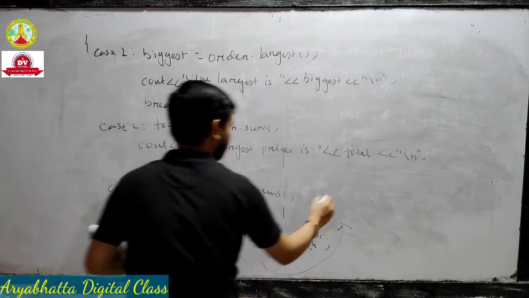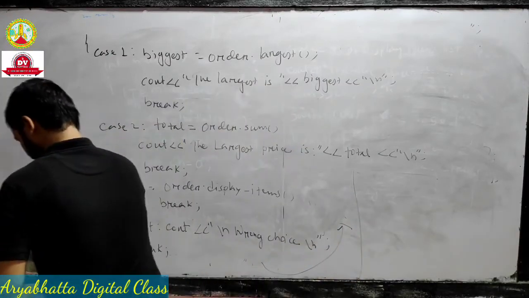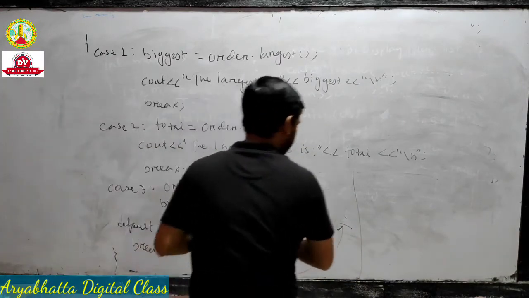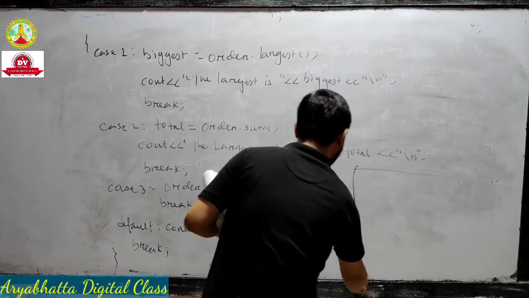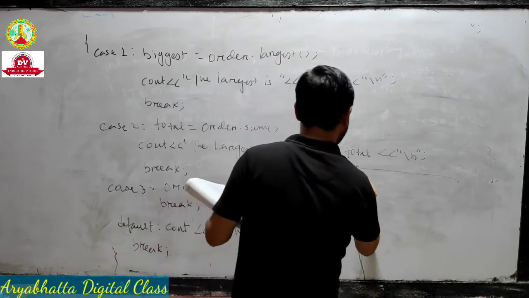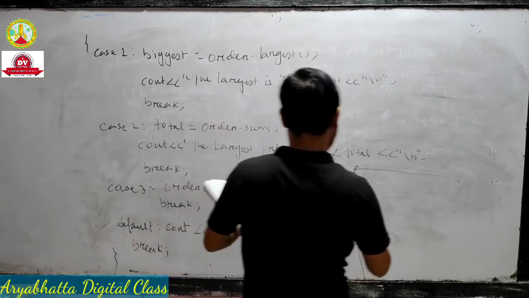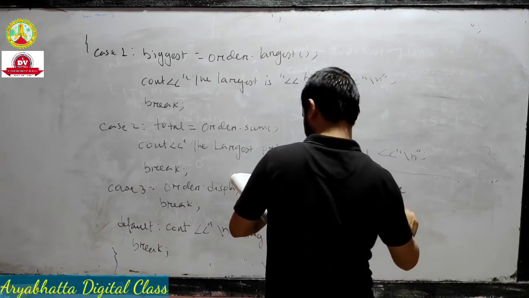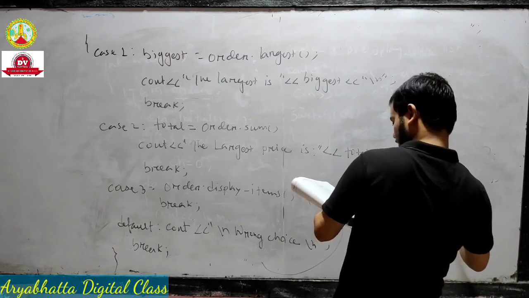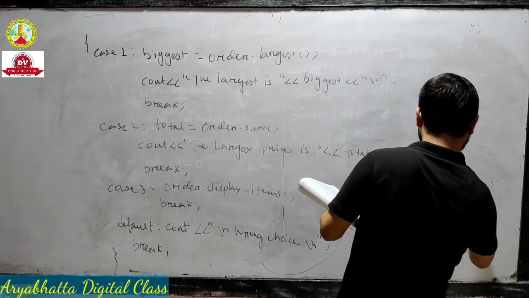After this you write the ending while. The do while loop condition is always written in the last part.